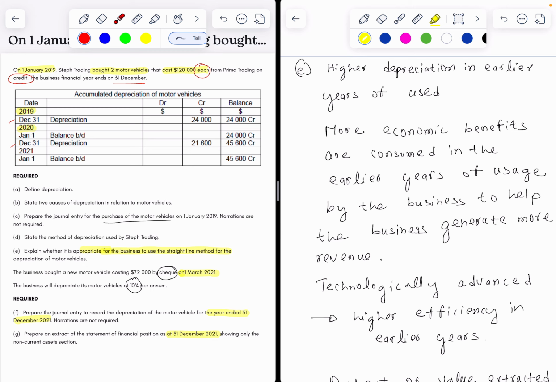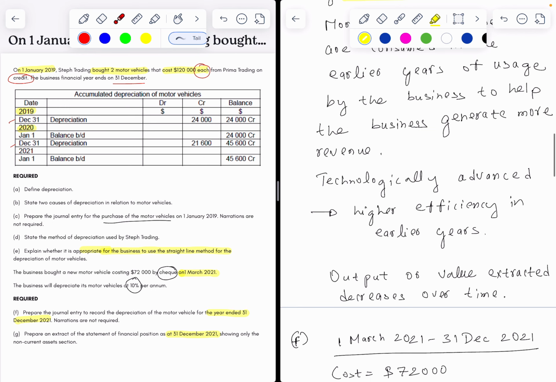Therefore, more economic benefits are consumed, which leads to higher depreciation expense incurred by the business in the earlier years of usage, right? And in the earlier years, the business can also benefit from increased revenue, right? So therefore, what we can see is that the output of the value that we extract from these assets can decrease over time because of the wear and tear and obsolescence it goes through.